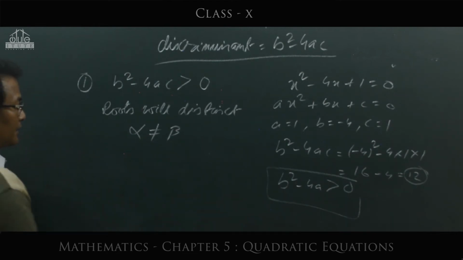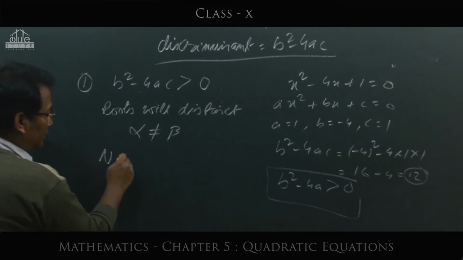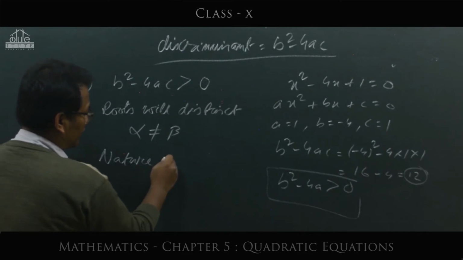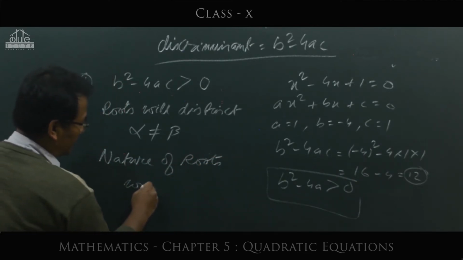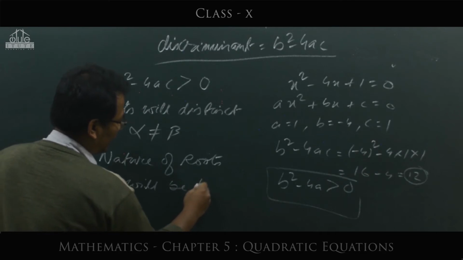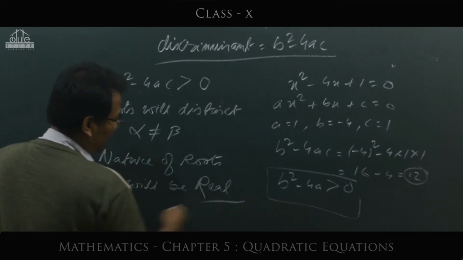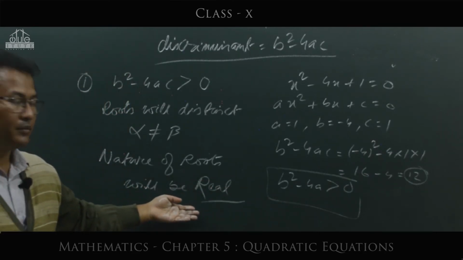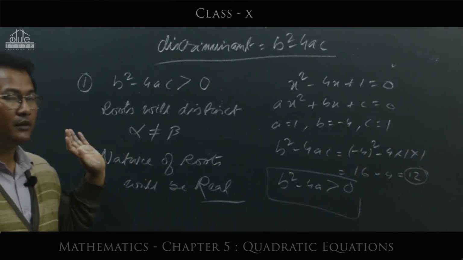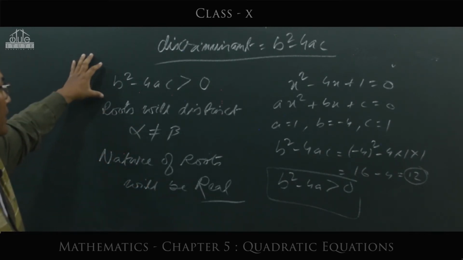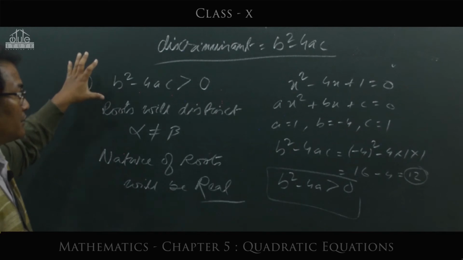They will be completely different from each other, and the nature of the roots will be real. The nature of roots will be real and the roots will be distinct. That is, alpha and beta will not be equal when the discriminant is greater than 0.